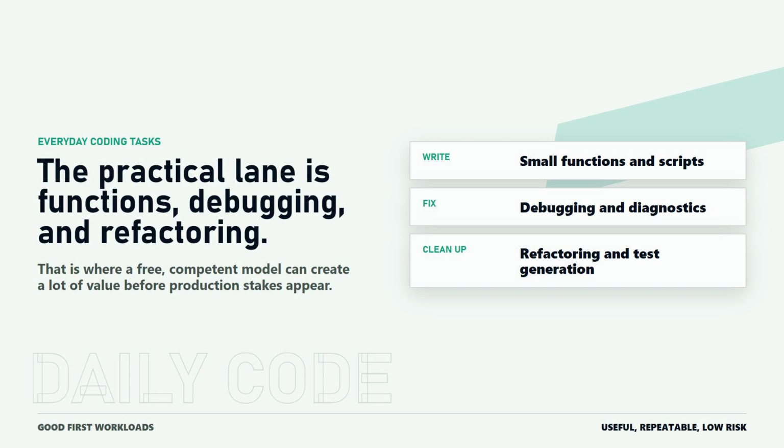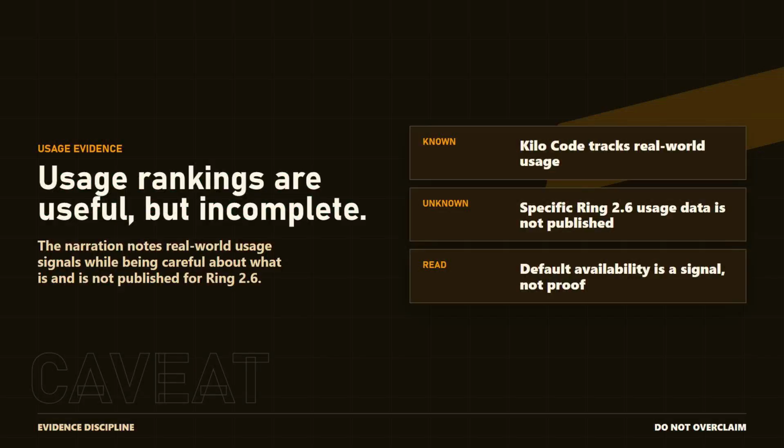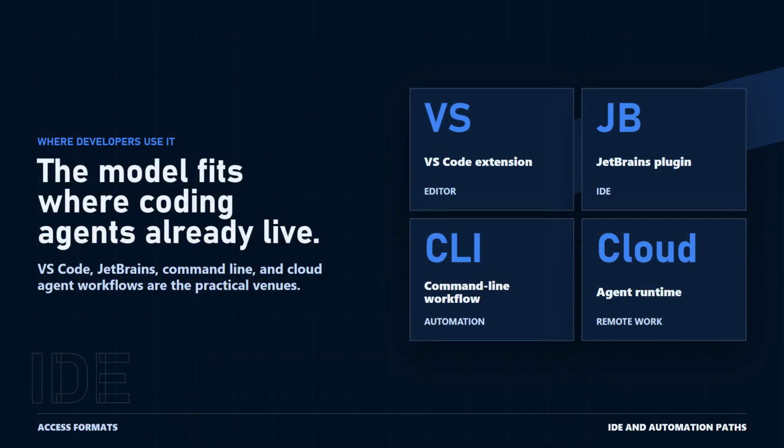But benchmarks are synthetic. The real test is how it performs in an agent loop. Can it use tools, follow instructions, and recover from errors? KiloCode has a separate real-world usage ranking based on weekly token usage, and while specific data for Ring 2.6 isn't published, the fact that it's offered as a default option says something about its reliability.